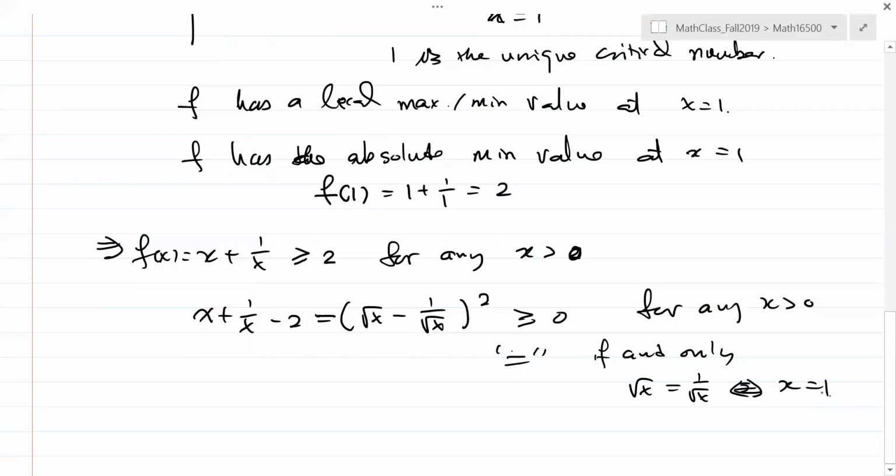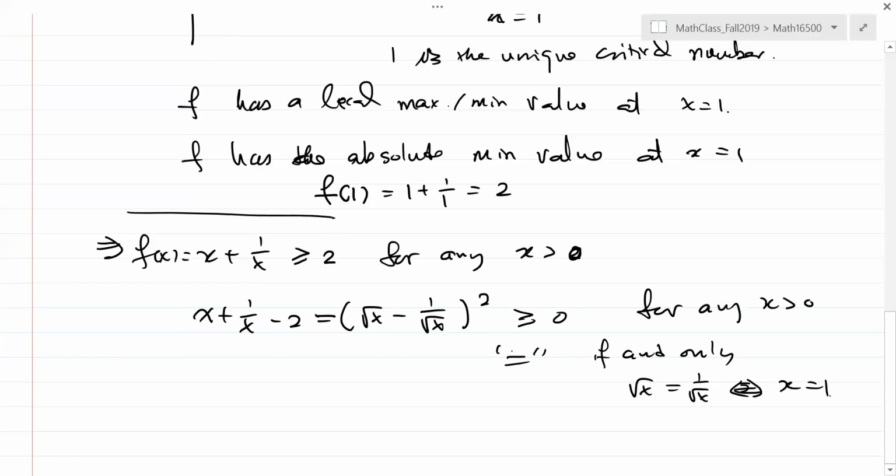So without using calculus, you still can reach this conclusion, but we're not always lucky. You know, we will see the power of calculus to solve problems. For this specific function, without using calculus, I still can tell, first of all, the value of the function must always be greater than or equal to 2, and equal to 2 only when x equals 1.